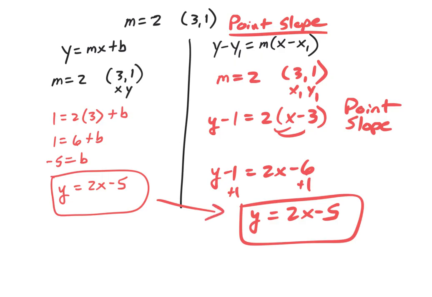And if we notice then, the two answers are the same. So it's a little bit different way of getting there. What's really going to matter is how we're going to leave our answer. Are we going to leave it in point slope or in slope intercept? Majority of the time, slope intercept is going to be our go-to. And so that's why I show you how to get there.